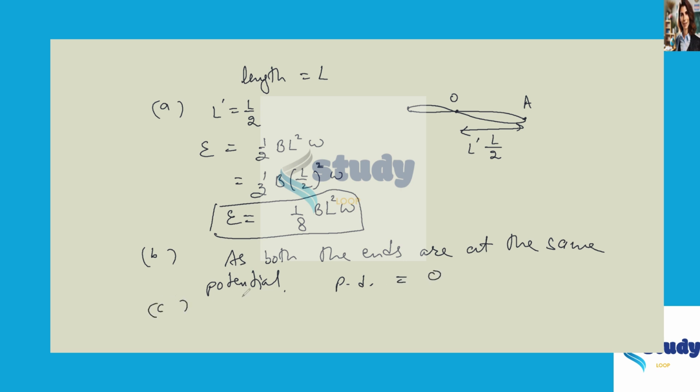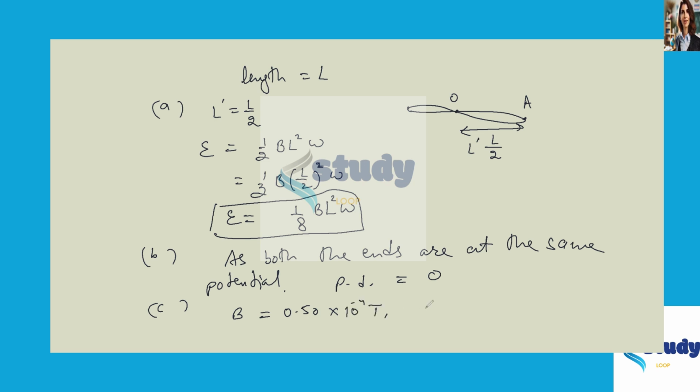Now, in the third part of the problem, we have to find the actual value of this EMF induced when the Earth's magnetic field at that place is given as 0.50 multiplied by 10 raised to the power minus 4 Tesla.